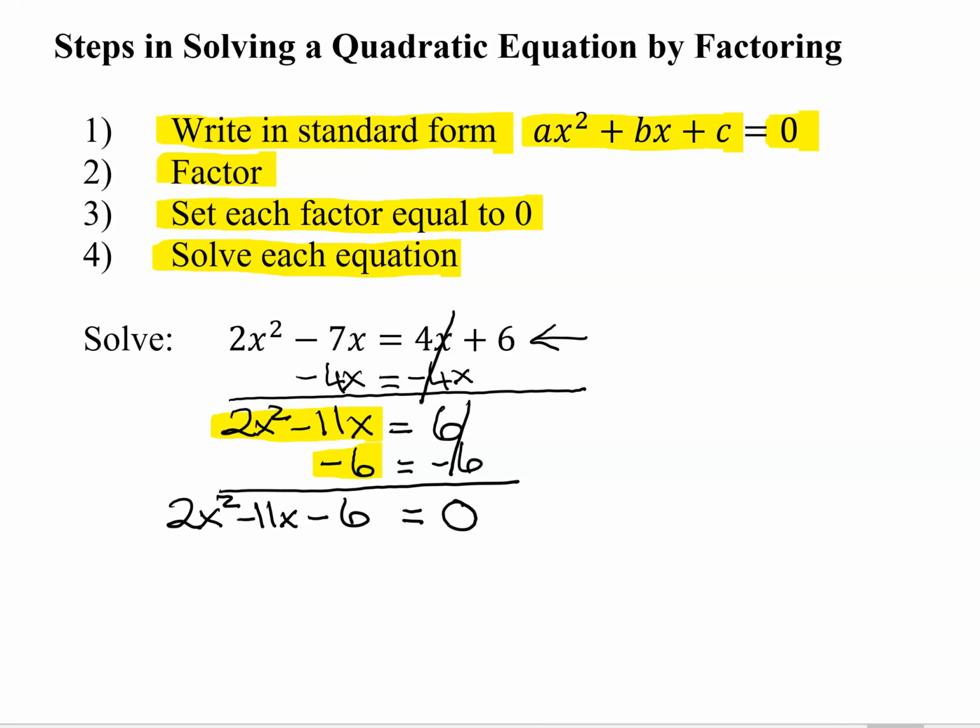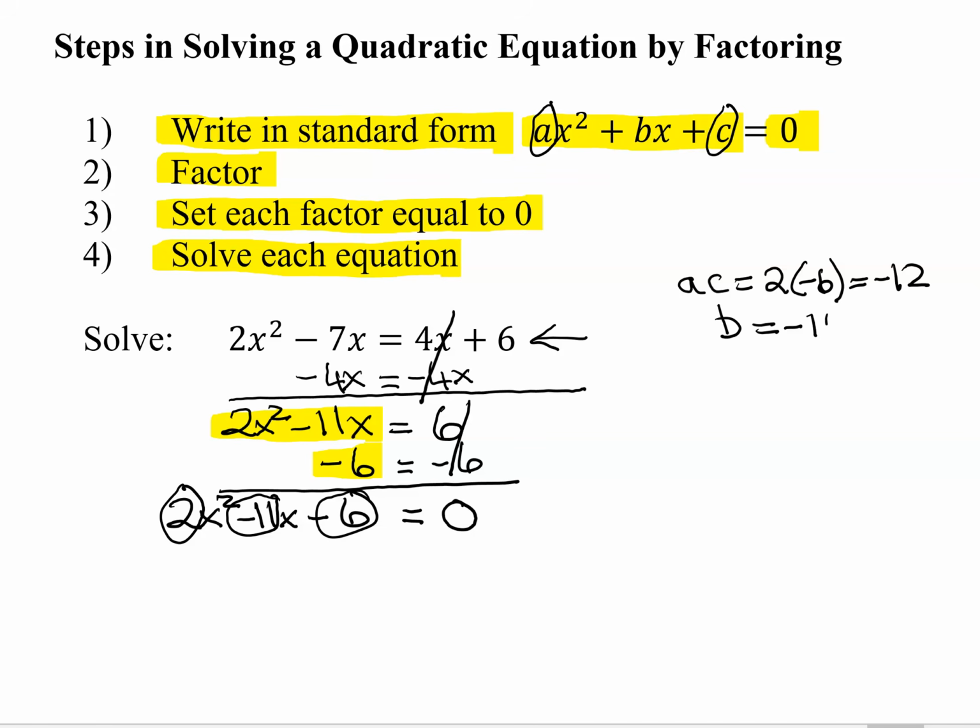So I'm going to factor this problem using the AC or grouping method. So what I need to do to start with is find A and C in my equation. So A is 2 and C is negative 6. So I have A times C is 2 times negative 6, which equals negative 12. And my B term, the coefficient of the x term, is negative 11.